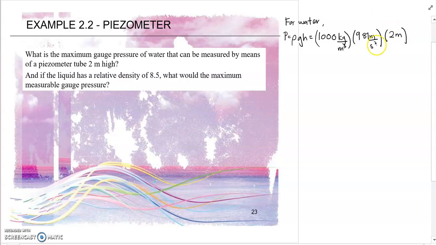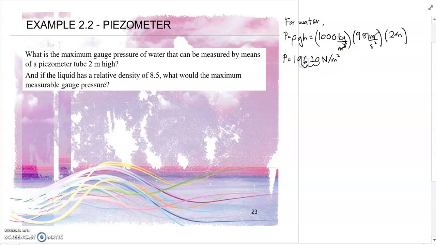You just plug these numbers into your calculator, and you will get pressure as 19,620 Newton per meter squared.